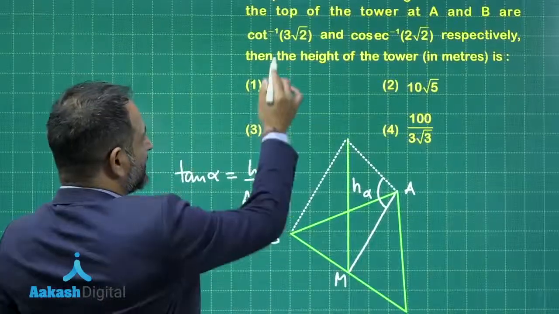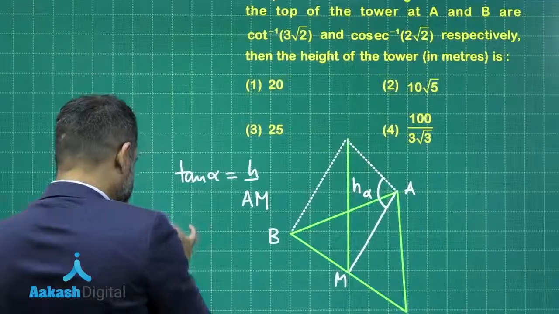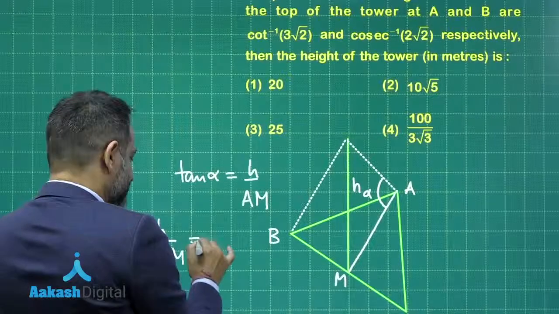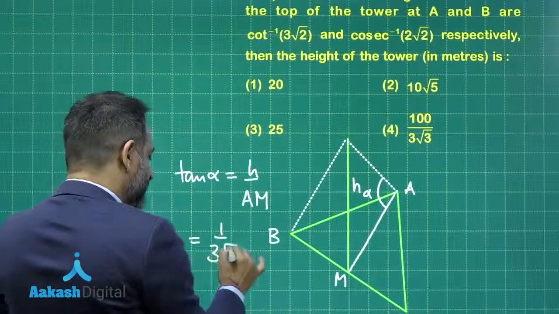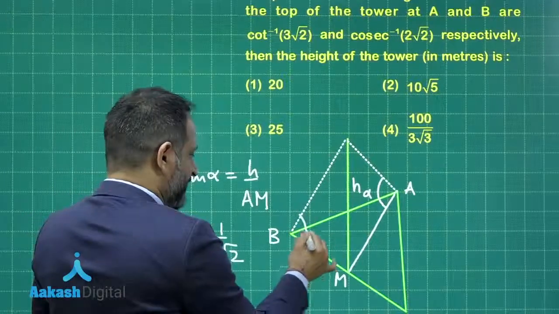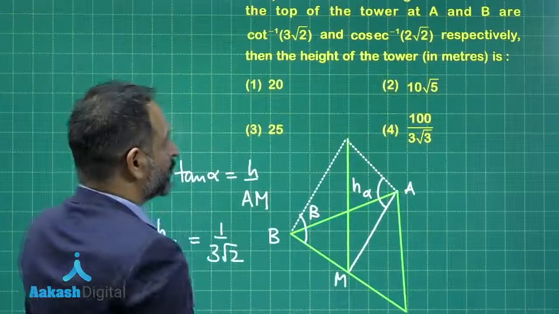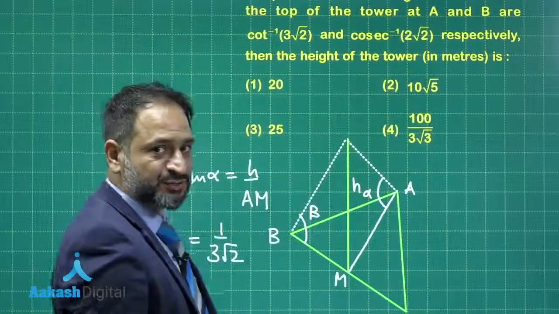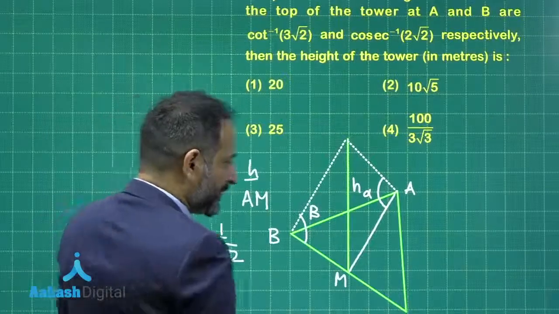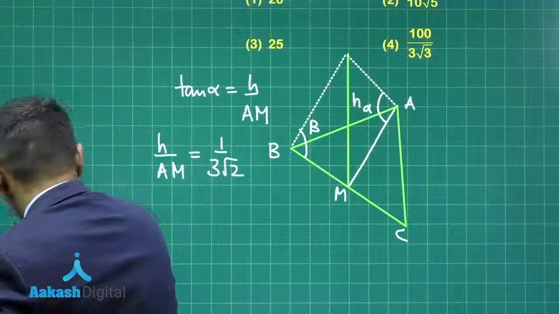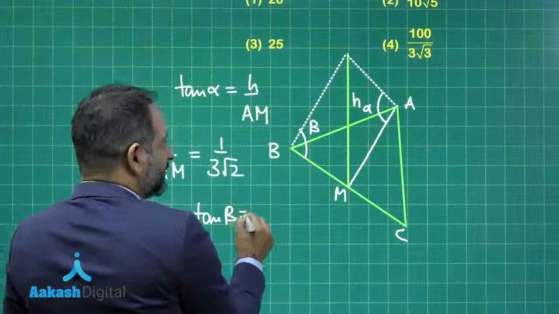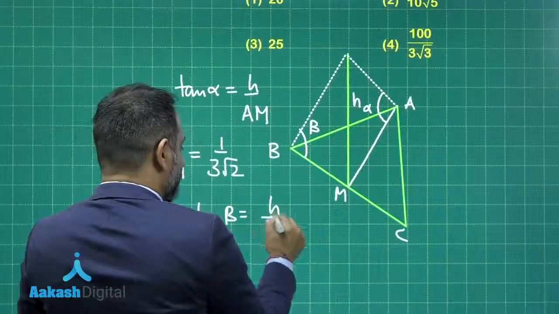Now, tan alpha is 1 by 3 root 2. So, h by AM is equal to 1 by 3 root 2, and again the angle at B is beta. We are given cosecant inverse 2 root 2. So, we have to calculate in terms of tan as well. So, from here we have tan beta again equal to h upon BM.